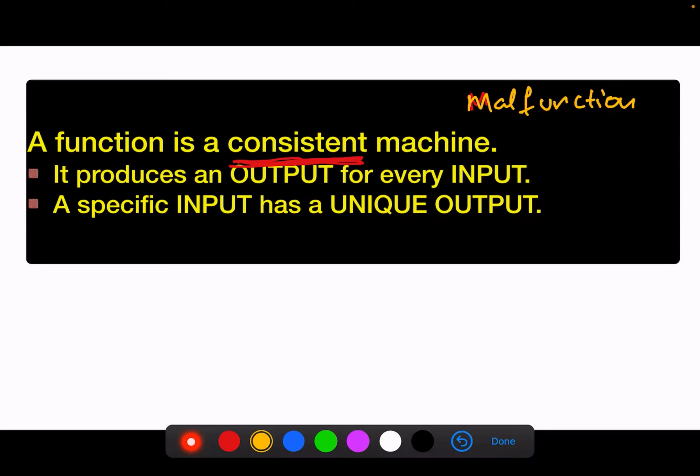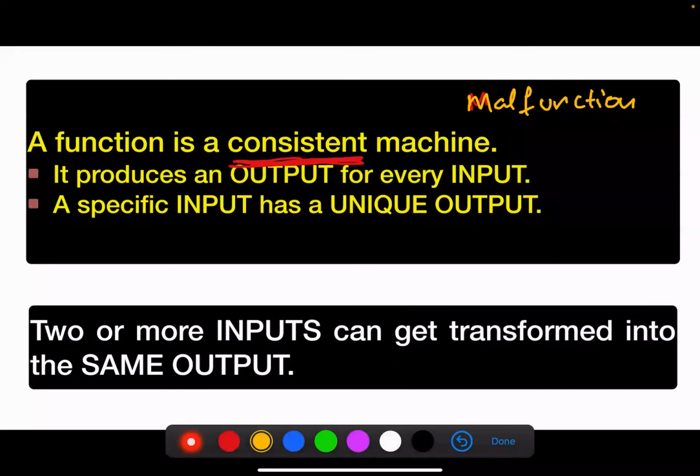We are using his example, but you understand, guys? So two inputs can map to one output. Okay, but the same input cannot map to two different outputs. Okay. So, आपने एक number दबा दिया. The call today went to Gautam. Okay. So let's say tomorrow, I don't know, it went to Trump. It is not accepted. Okay. You're getting? So here, two or more inputs can get transformed into the same output.